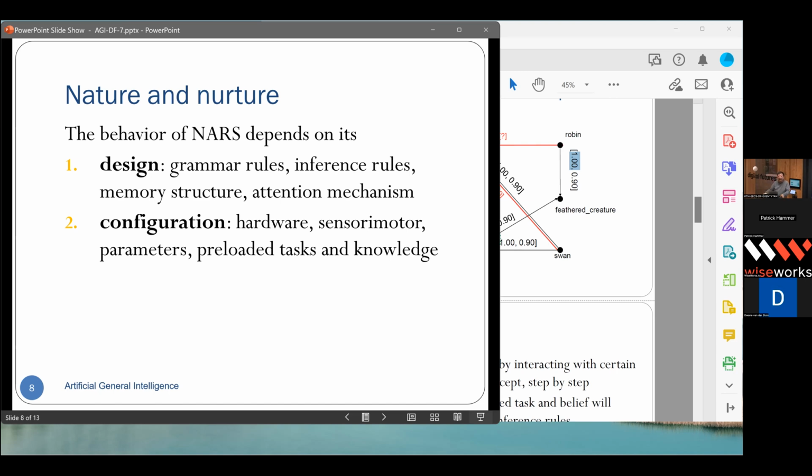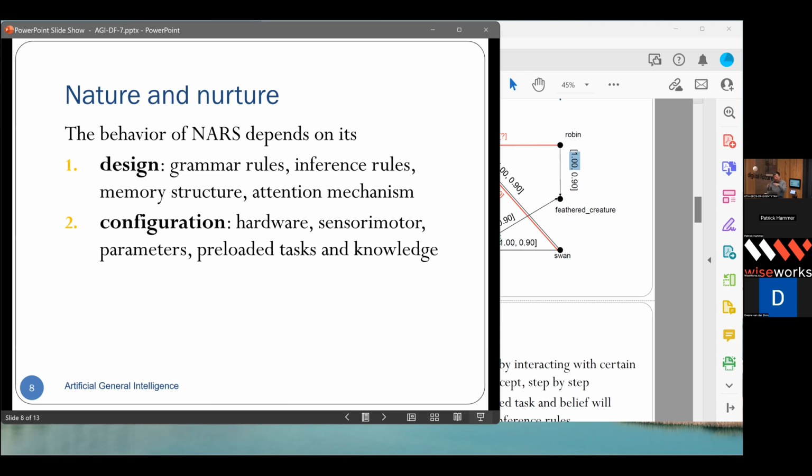And also, not to mention, I have already mentioned sensorimotor, like what kind of sensor you give it, what kind of actuator you give it. The same NARS can be implemented, as I mentioned before, in very different robots. It can be 2-legged, it can be 4 wheels, it can even be flying.